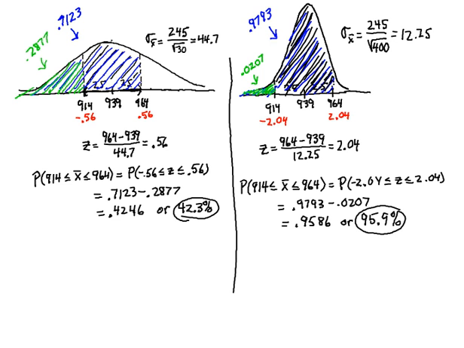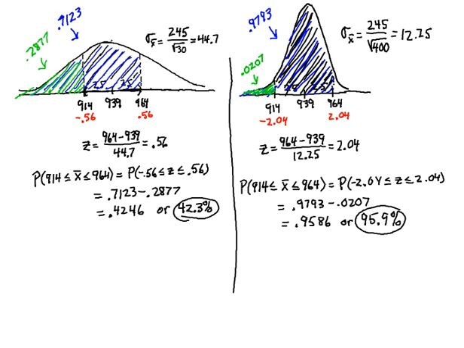In using a larger sample, the standard deviation, or the variation of the sample averages, is reduced. And we can see that by using our standard error formula, that it goes from 44.7 down to 12.25. A larger sample will have a tendency to produce sample averages that are better estimates of the overall population average and would tend to overall be closer to that value.